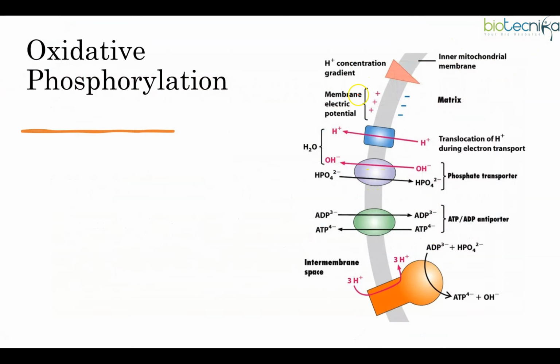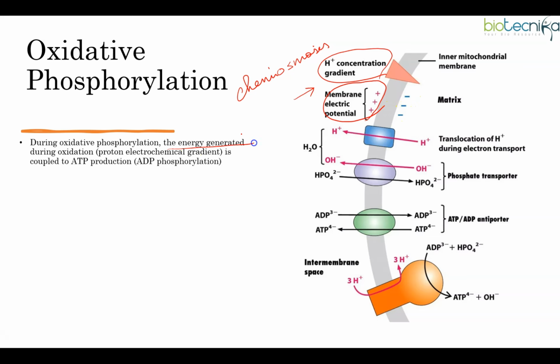We have the membrane electric potential at this side, with high hydrogen ion concentration. That is why we call this process chemiosmosis also. And we have an electrochemical gradient over here. During oxidative phosphorylation, the energy generated during oxidation, the proton electrochemical gradient, is coupled to ATP production, which is ADP phosphorylation.